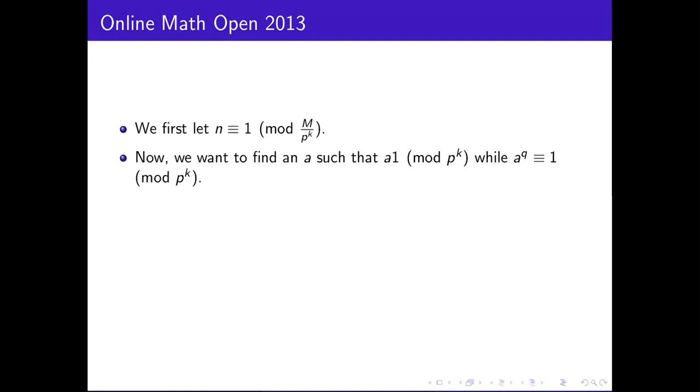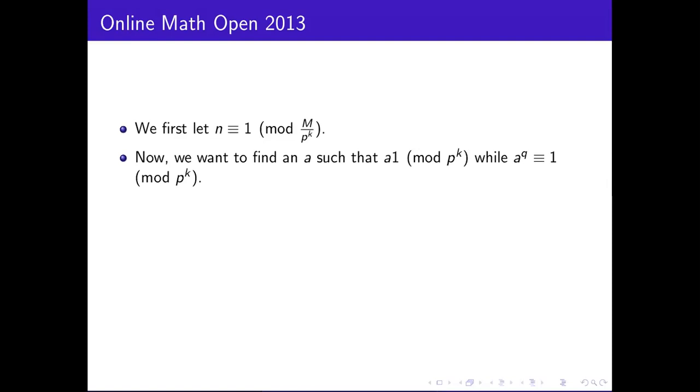Right? So now what this means is, this would be nice because we could let n be congruent to A and then it basically just works, right? But now how would we find an A?